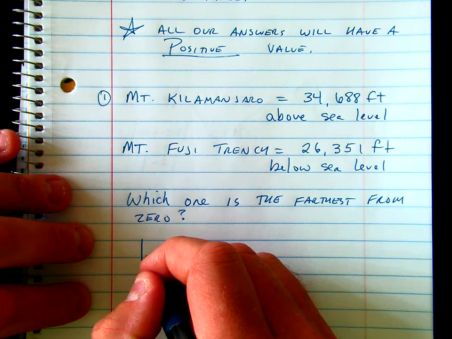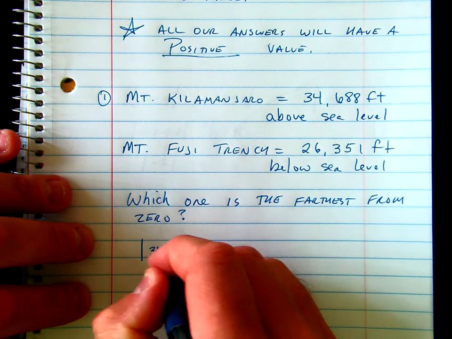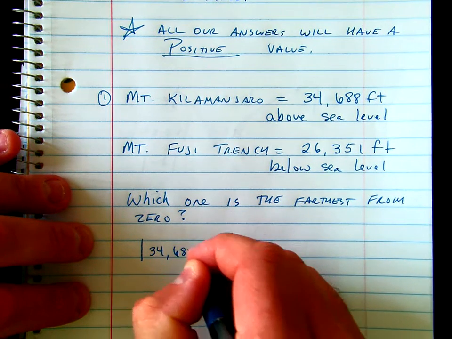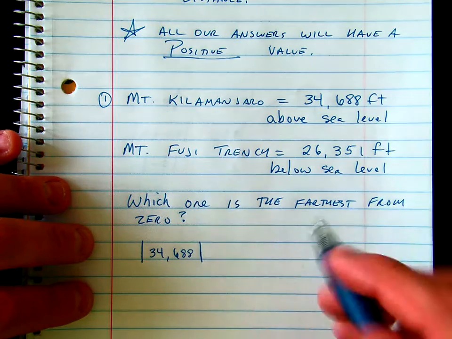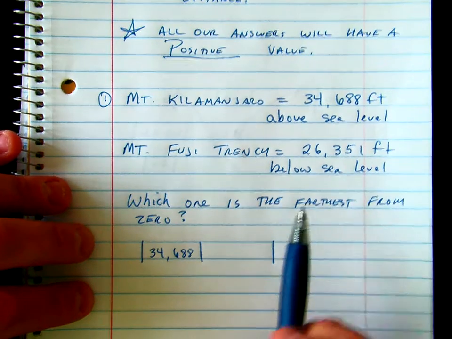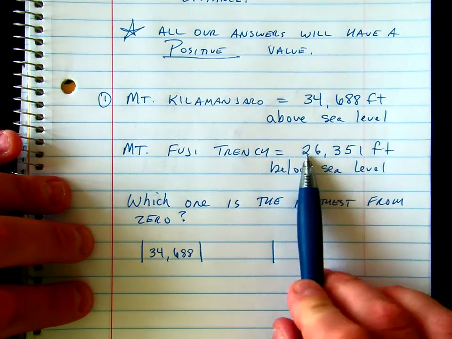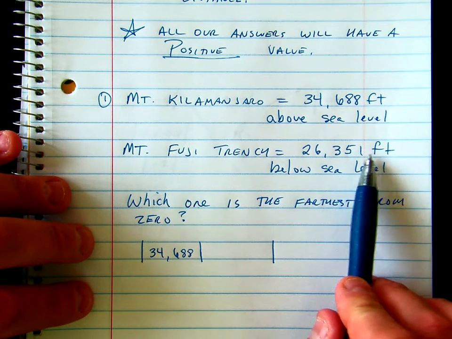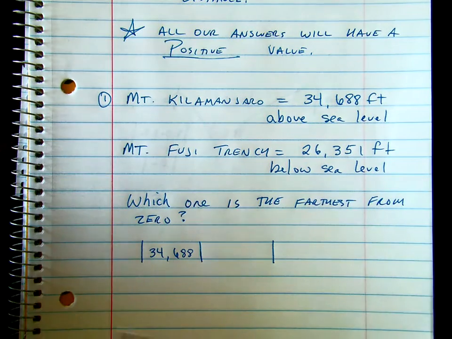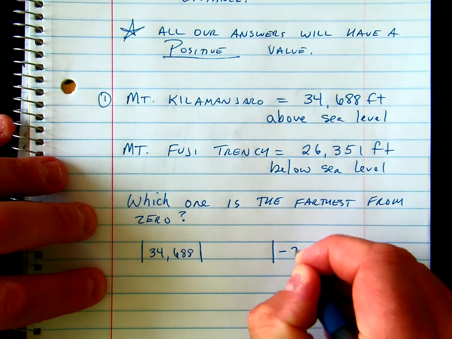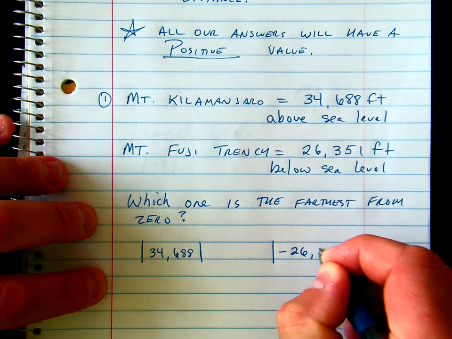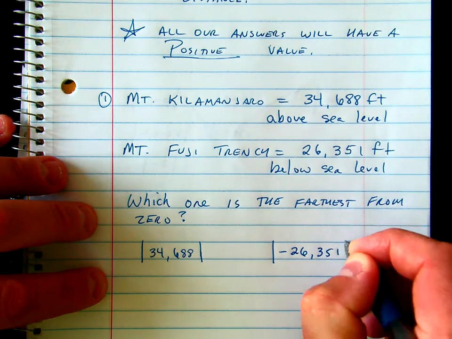Corey? Very good. 34,688. Now let's take a look at the Mount Fuji Trench. How would I write 26,351 feet below sea level as an integer? Sean? Negative 26,351. Very good.